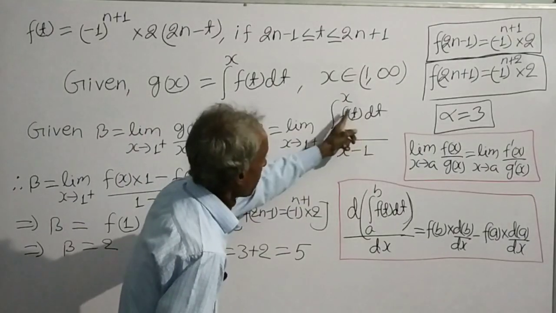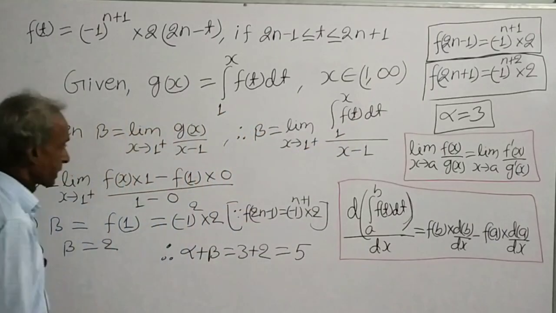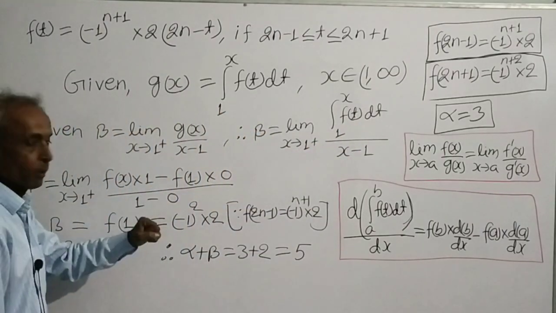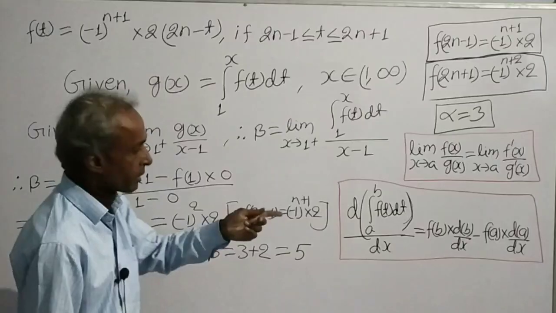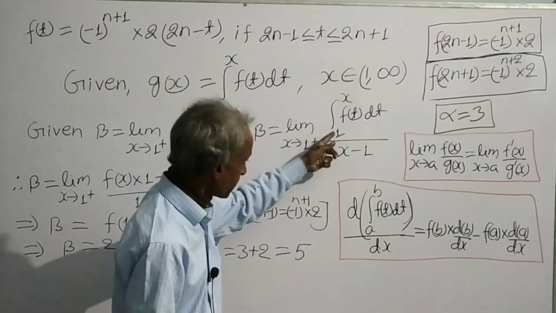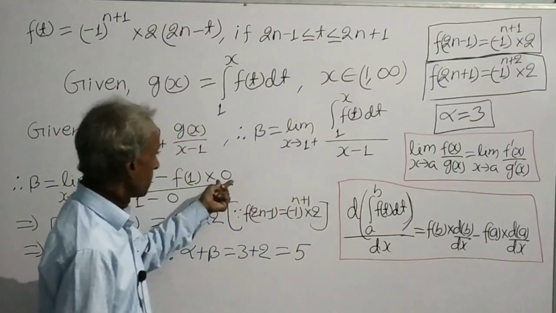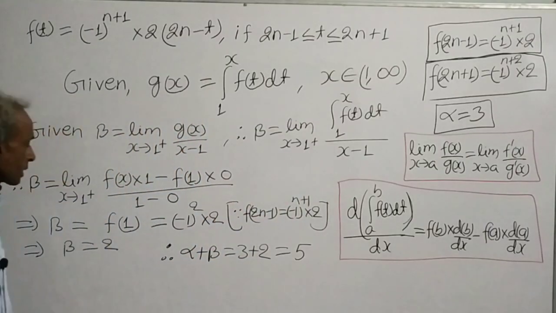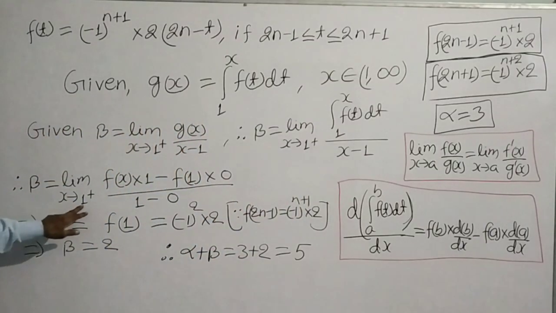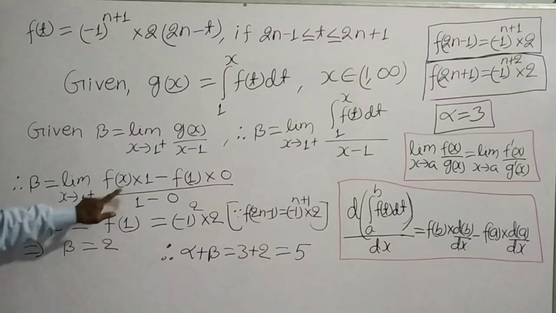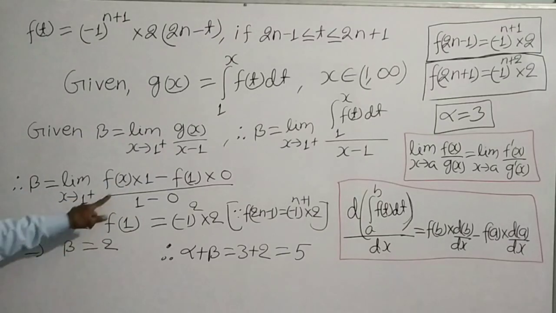Therefore, we put 1 in place of t and get f(1) times. Now we differentiate this lower limit. d(1)/dx will be equal to 0. When we put 1 in place of x, we get this limit as f(1).